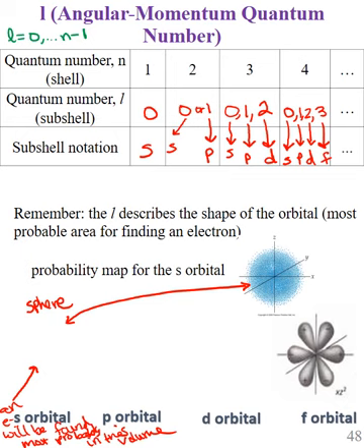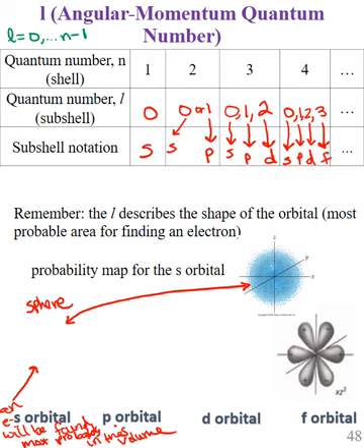Now, the p orbital is going to look kind of dumbbell shaped. The d orbital, most of them will have this clover leaf shape, and f orbitals are just really weird shaped. Later on in the notes, we're going to look at how they actually got these shapes, but for right now, don't worry about it. You have to kind of know these shapes.